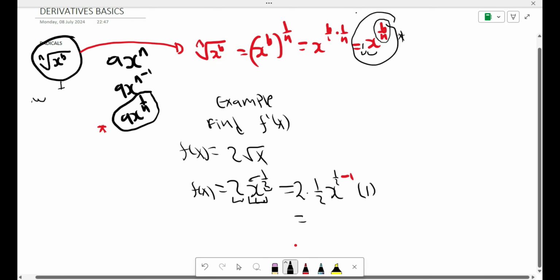Here the 2 and 2 are gone, so we have x. Then 1 minus half is negative half. To write it in positive exponent form, it will be 1 over root x. This will be our f prime of x.